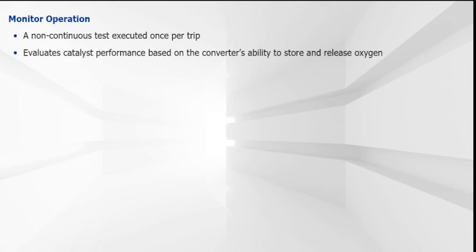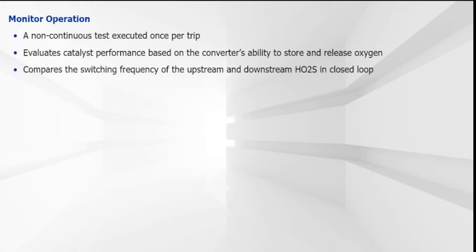The Catalyst Efficiency Monitor is a non-continuous test performed once per trip. Since there is a direct relationship between a converter's ability to promote chemical reactions and its ability to store and release oxygen, the monitor compares the signals from an upstream and downstream O2 sensor to evaluate converter performance.